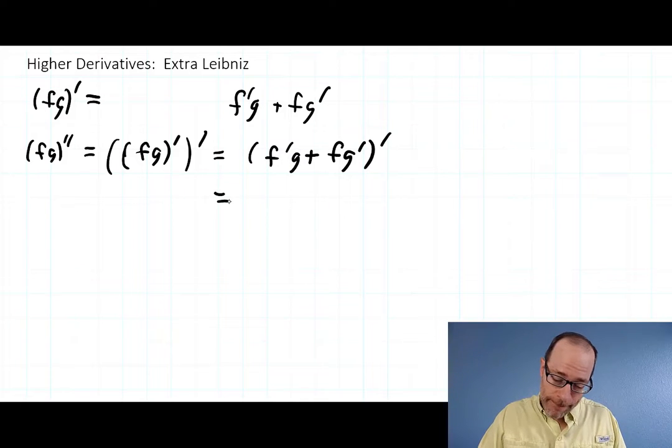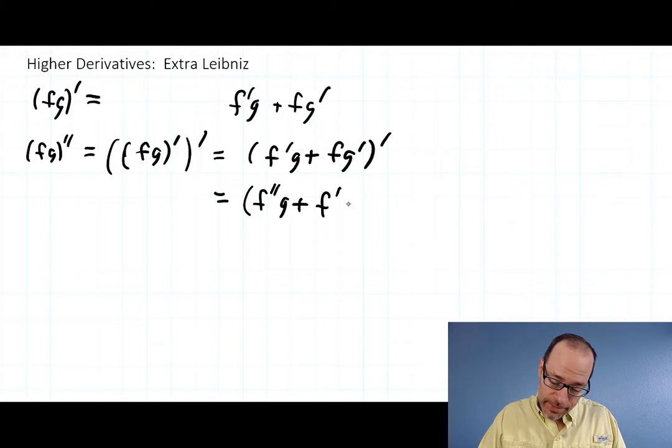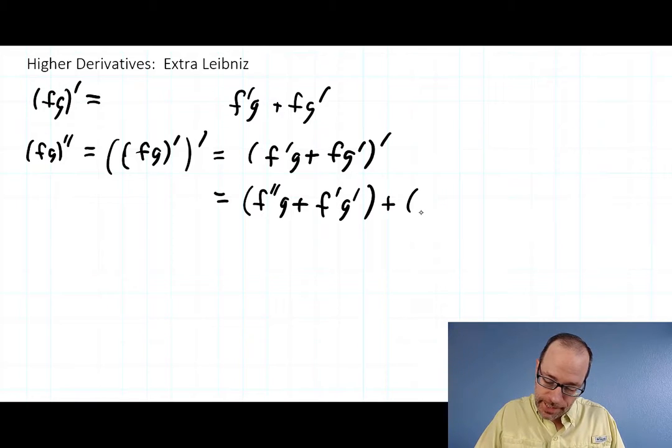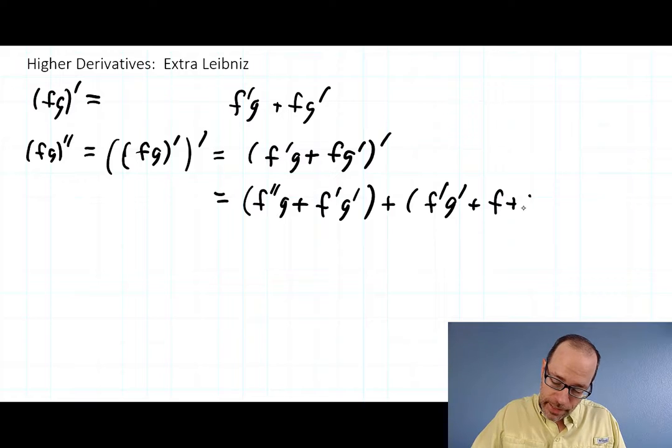So if we do that, on the first term it would be another derivative on f, so f double prime g, plus, now a derivative, leave the first term alone, f prime, and take a derivative of the second. And then for the second term, a derivative on f, leave the second alone, and then leave the first alone, and another derivative on the second term. So that's g double prime.